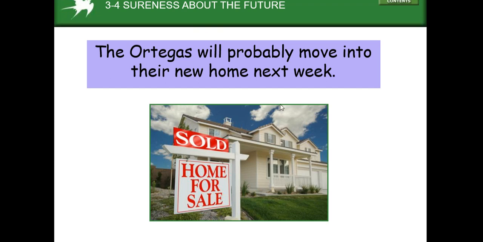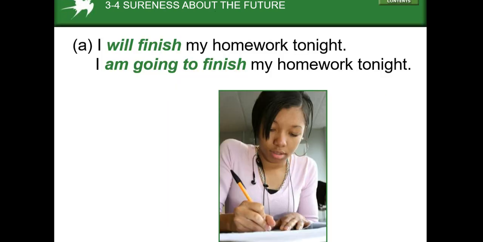When do we use will? We use will when we are talking about assuredness about the future. When you are sure about the future, we have to use will in this situation. For example, this girl is sure she's going to finish her homework tonight. That's why she says, I will finish my homework tonight.